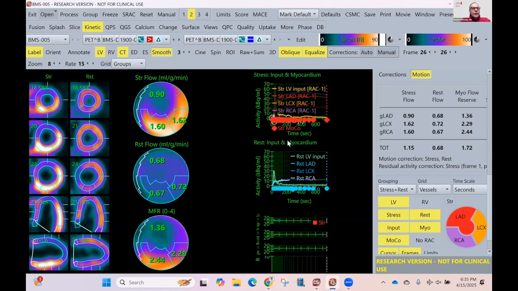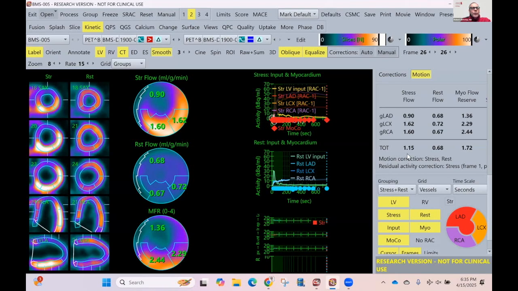I agree that the peak flow values for this tracer, as James said, the measured or the reported peak stress values, depending on extraction properties of the tracer and the model, are not as well studied yet as the relative perfusion image interpretation that was used for regulatory approval of the tracer.